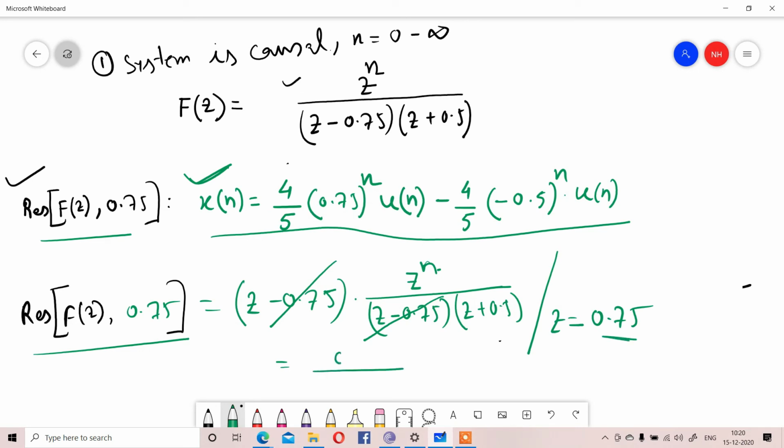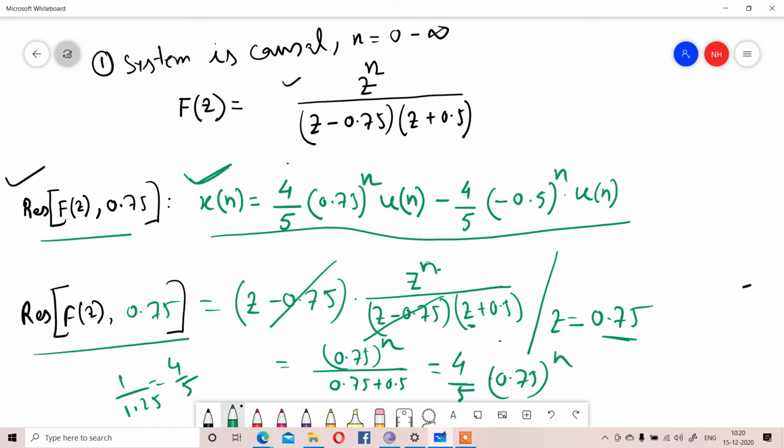So what will it be? 0.75 whole to the power n, and 0.75 plus 0.5 is 1.25 in the denominator. If we write it in fraction form, it will be 5 by 4 in the denominator, so if we change it, it will be 4 by 5. That means 1 by 1.25 is 4 by 5, multiplied by 0.75 to the power n. That is your result.